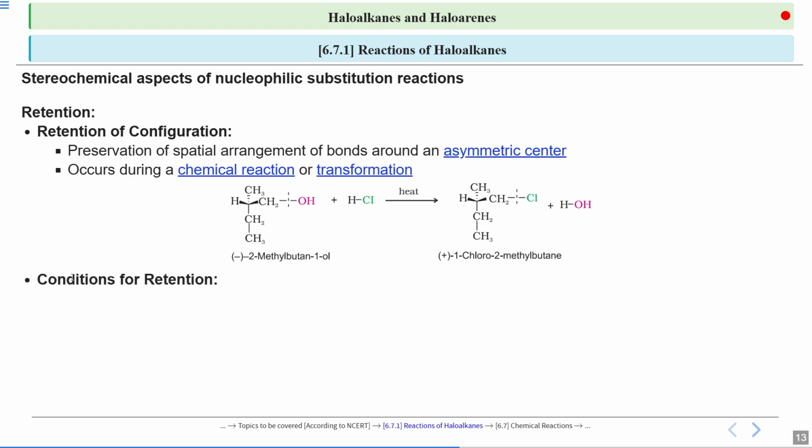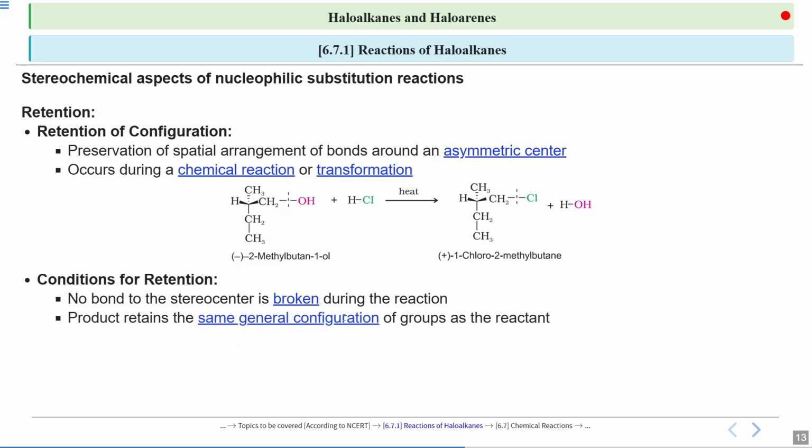The condition for retention: no bond to the stereo center is broken during this reaction, because we have to preserve the spatial arrangement. So no bond should be broken during the reaction when there is retention. You can see in this reaction also, around this asymmetric center, no bond is breaking, every bond is preserved.